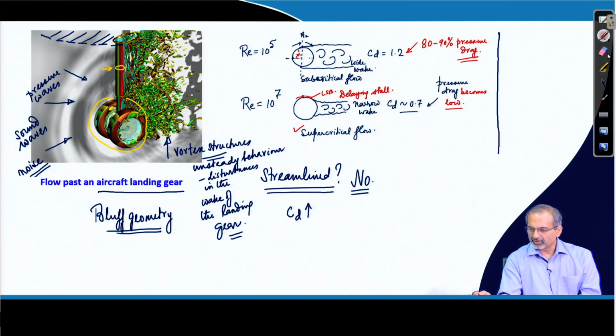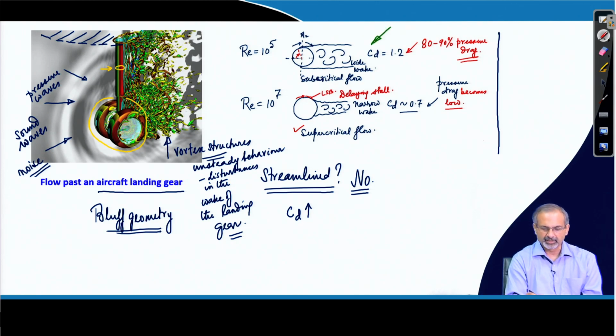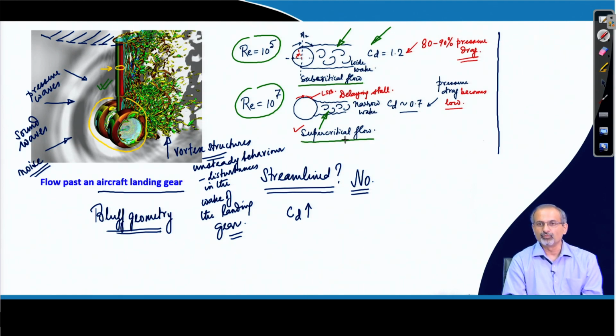So, the concept of bluff body flows is going to be very useful in trying to understand these kinds of flows past blunt surfaces. And then again you know that as Reynolds number varies, the nature of the wake would also vary. You could have a wider wake in the case of a subcritical flow, and you would have a thinner wake in the case of supercritical flow.